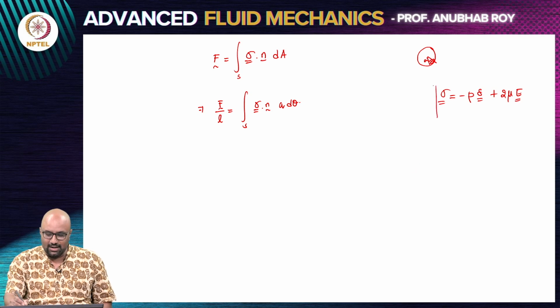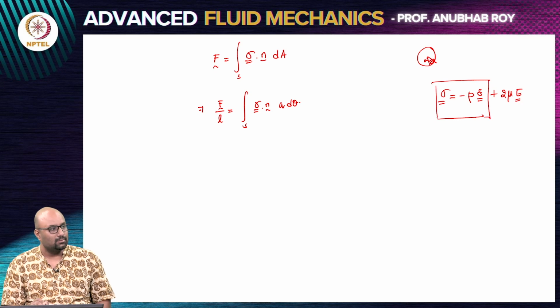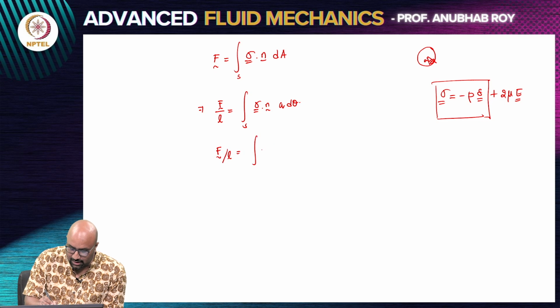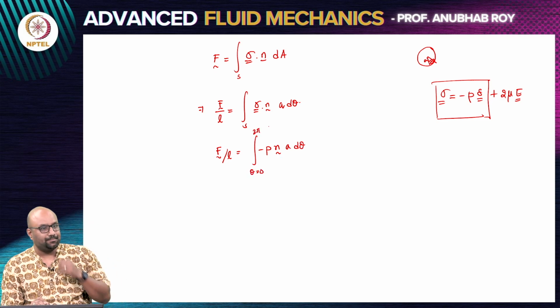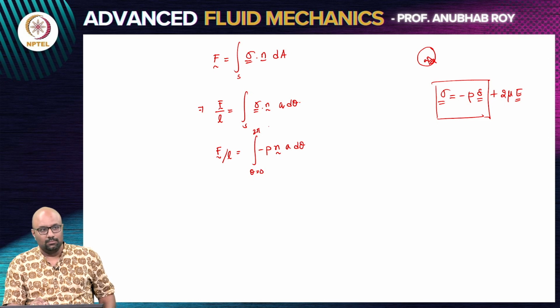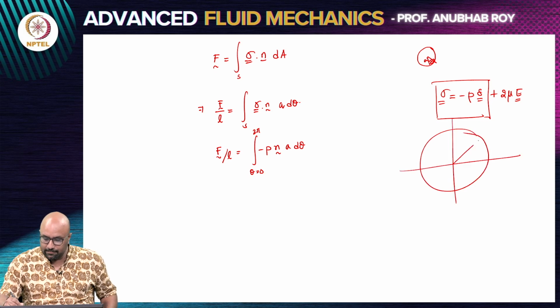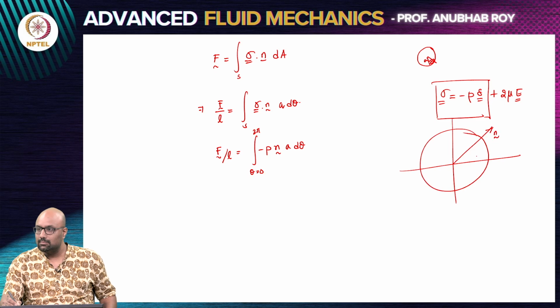Now, we are interested in an ideal fluid. So, the only contribution to the stress tensor is pressure, which means F per unit length is the surface integral of minus P n a d theta, theta going from 0 to 2 pi. Now, what is n? It is the normal, right. And what is it in Cartesian coordinate system?